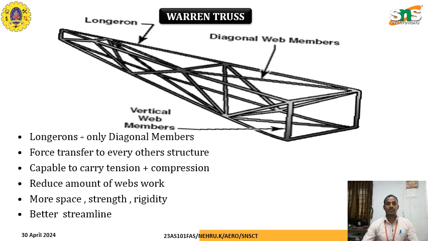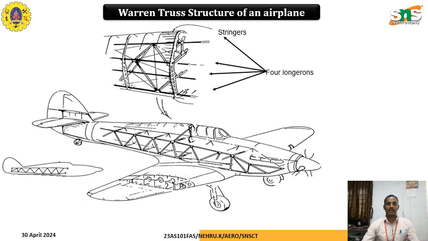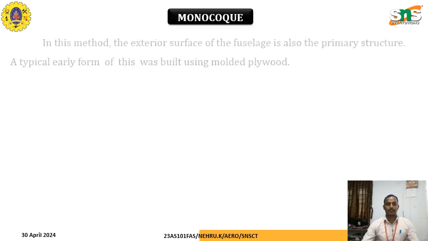This helps in the design to reduce the amount of web work, where we have more space and more strength, which makes the structure highly rigid, and here we get a better streamline for the aerodynamic criteria. Look at the Warren truss structure of the airplane in this low-wing fighter jet. They use the stringers and the four longerons which are carrying the loads.